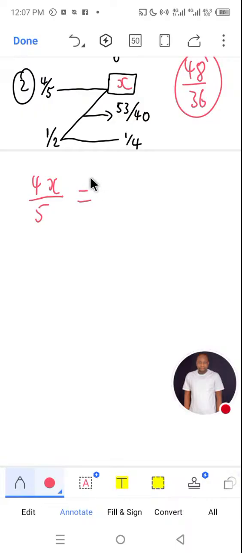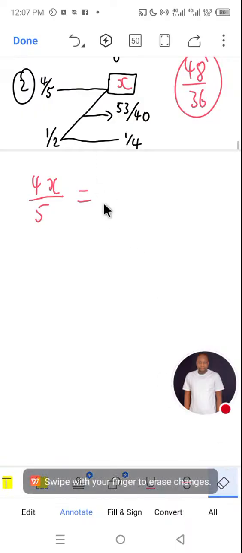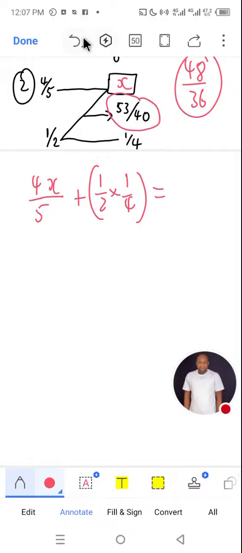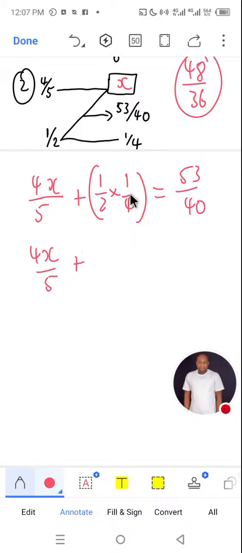Sorry, I should put plus here, not equal to. So 1 over 2 times 1 over 4, hope that makes sense. Then this is equal to 53 over 40, because that's how the samples work.